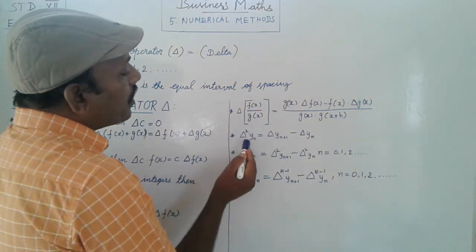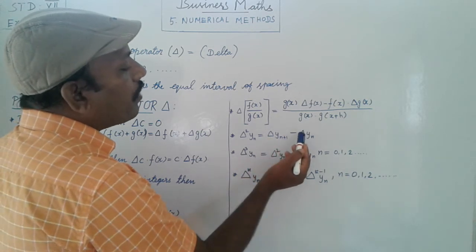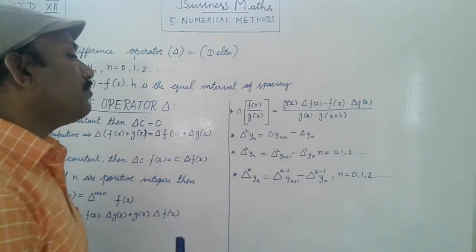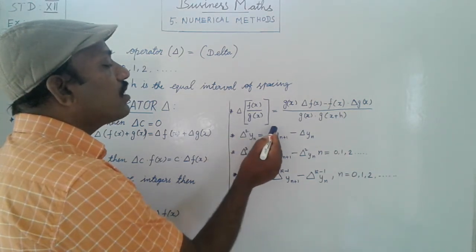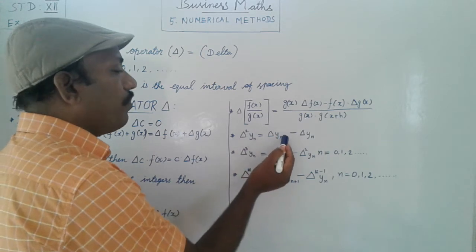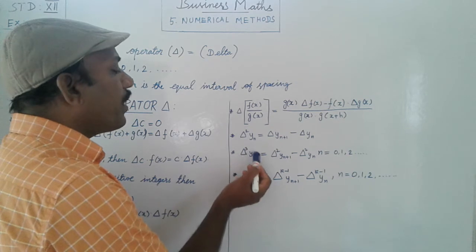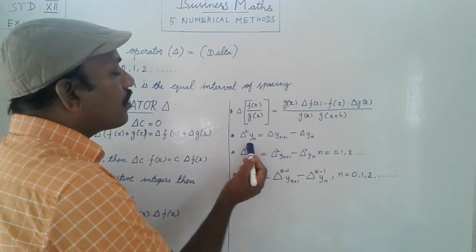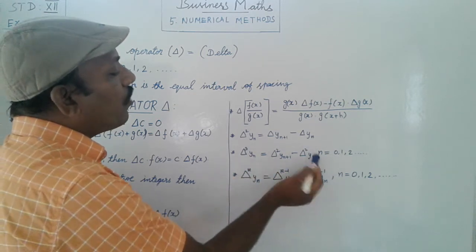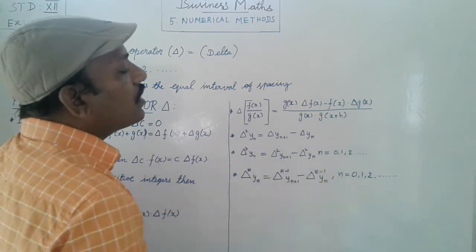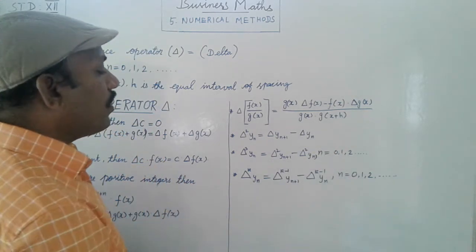Next, delta square y n equal to delta y n plus 1 minus delta y n is the formula. Next, delta cube y n equal to delta square y n plus 1 minus delta square y n.